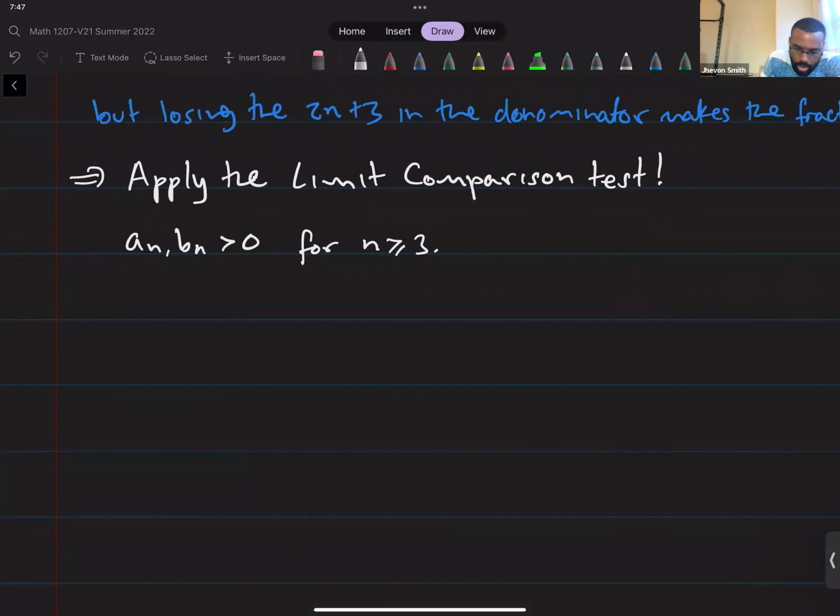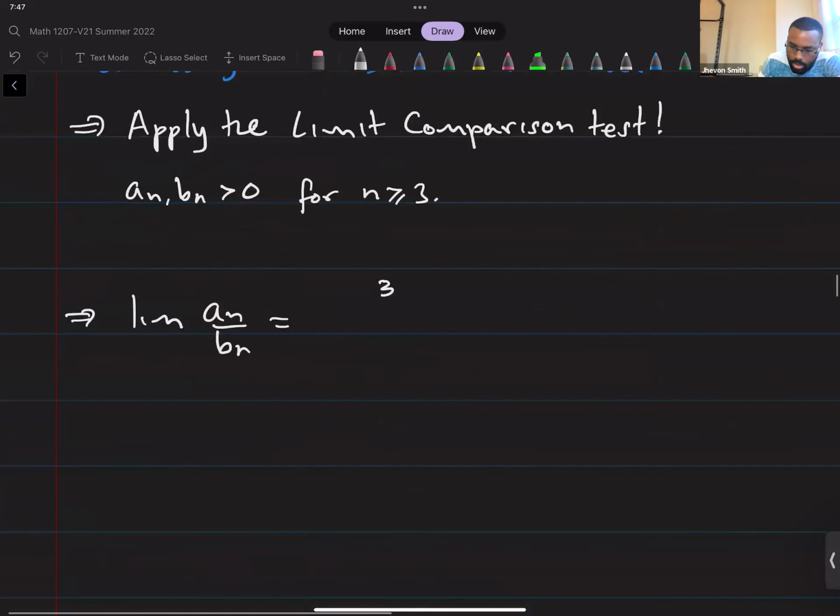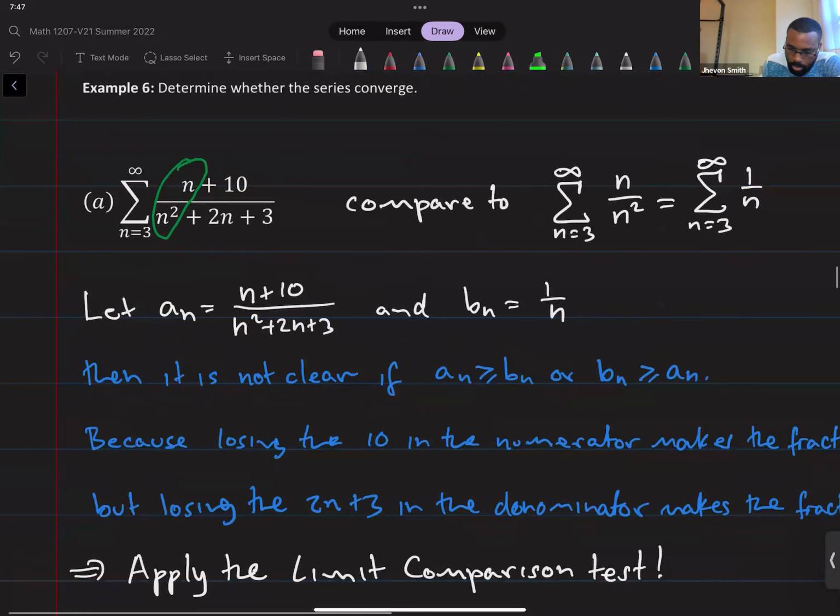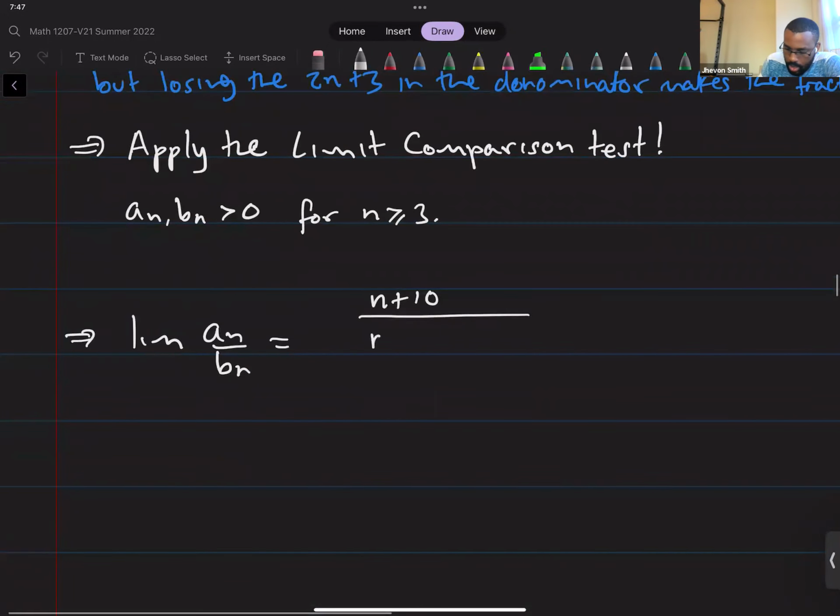right? And the limit of an over bn, well, that's going to be n plus 10 over n squared plus 2n plus 3 divided by 1 over n, limit.